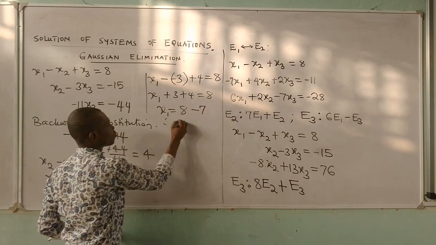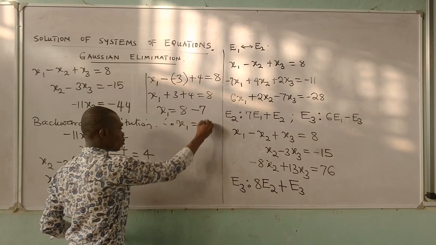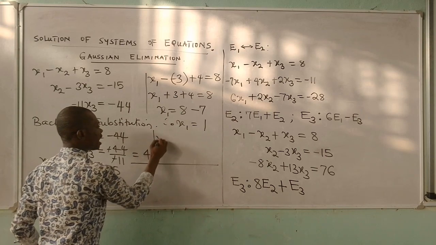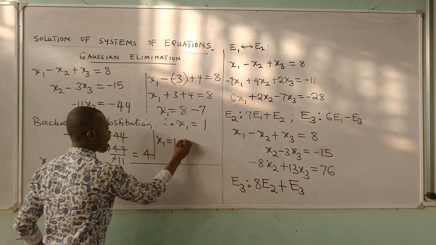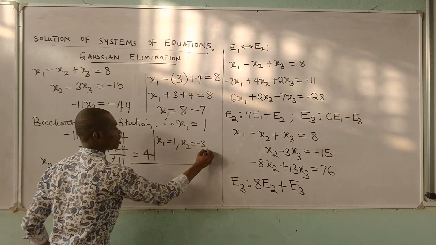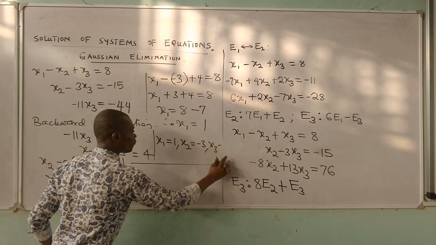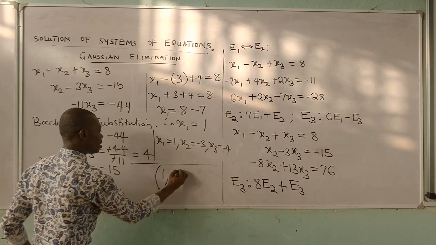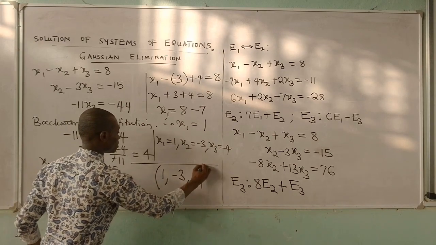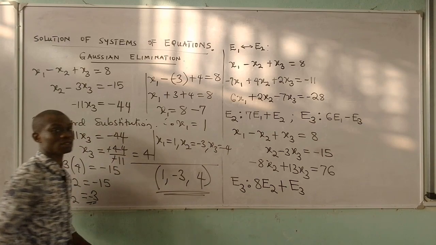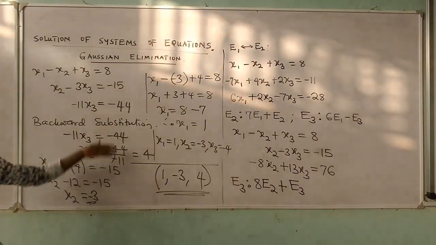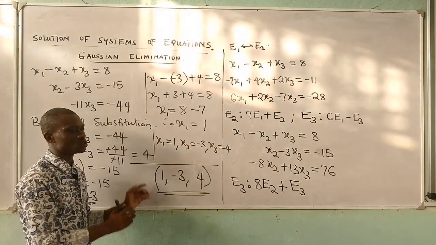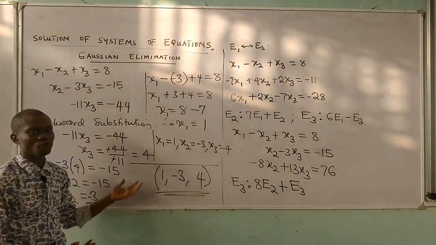And so our x1 is equal to 1. Therefore, the complete solution for this is x1 is equal to 1, x2 is equal to minus 3, x3 is equal to 4. And so you can put it in a bracket form, 1, minus 3 and positive 4 as your solution set. And of course you can see that this is another case where you have a unique solution. There's no other solution for this.